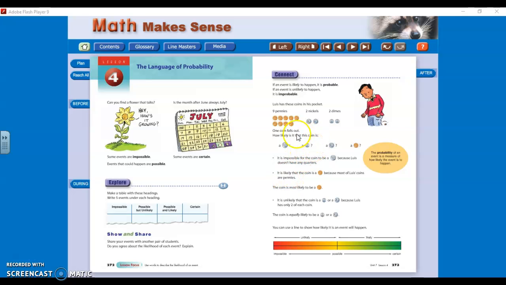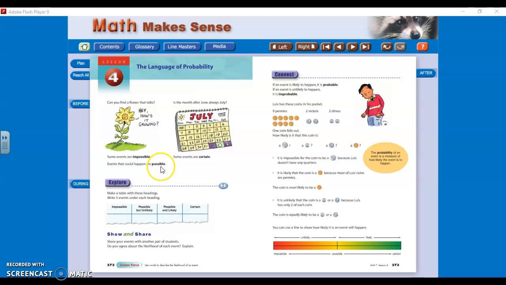How likely will it be a dime? Well, it's not impossible, so it's possible, but it is improbable. It's unlikely because he doesn't have that many dimes. The same goes with the nickel.